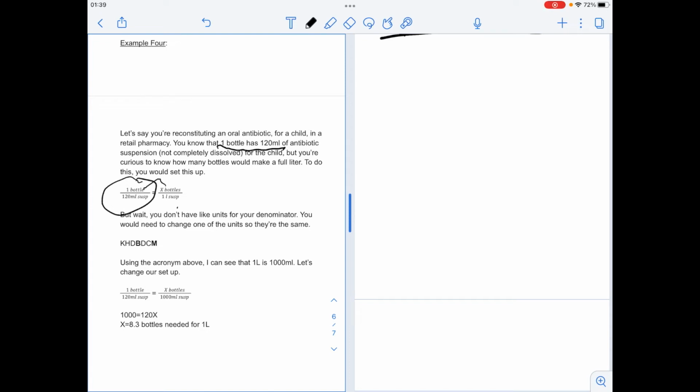The problem here, however, is 120 milliliters of suspension is set equal to 1 liter. Remember, we have to have complete like units. So even though the bottom are both liquid units, they're not the same. We need either milliliters and milliliters or liters and liters. So as you can see, we translated that to milliliters.